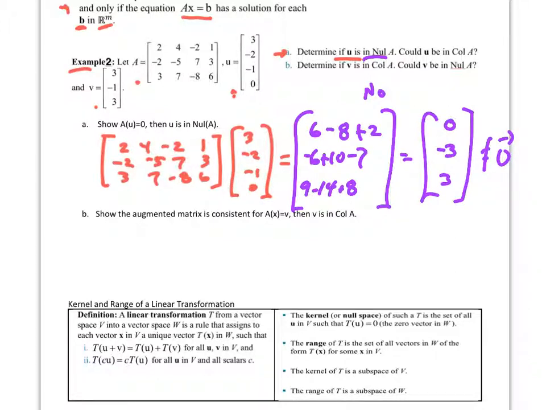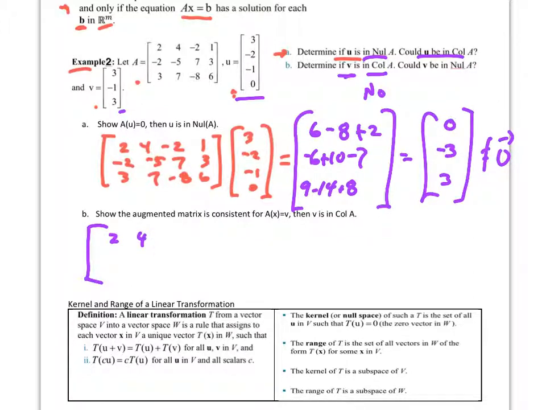Okay? And then could U be in the column of A? And the answer to that is simply no, because the dimensions do not match up. This one would have to have 3 rows in order for that to happen. And for V, we do have 3 rows, so let's see if V is in the column of A. I'm going to show that we're consistent for our augmented matrix.